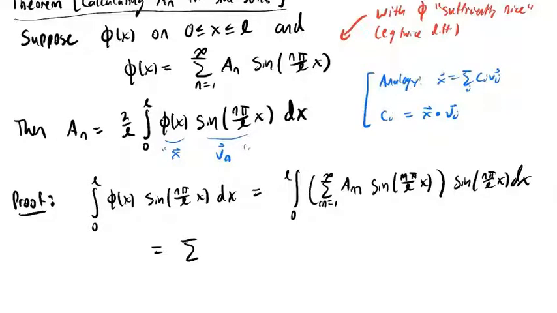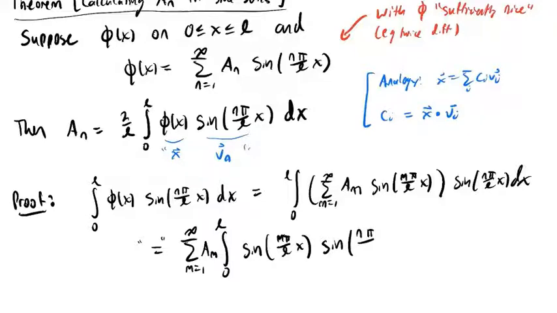This is where we need a certain hypothesis on phi in order for this to work. Let's not worry about it too much. So let's say that this is equal to the sum from m equals 1 to infinity of the integral from 0 to L of am, which I can factor out because it doesn't depend on x, and then I'm just left with sine of m pi over L x times sine of n pi over L x dx.